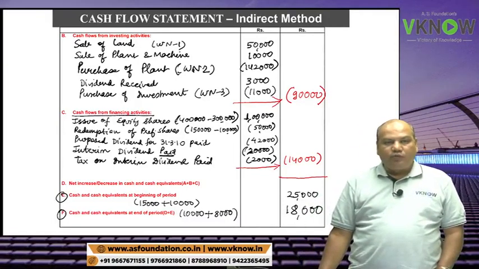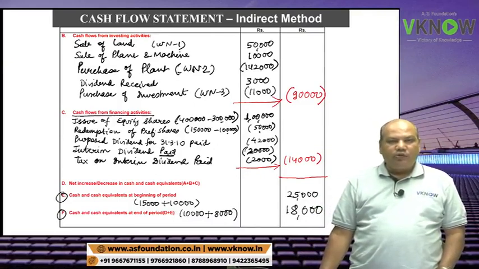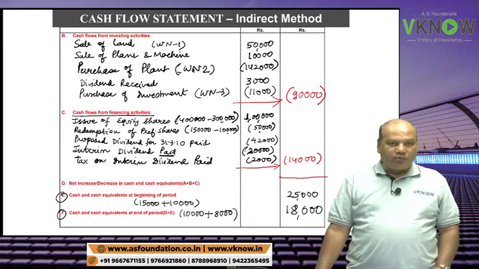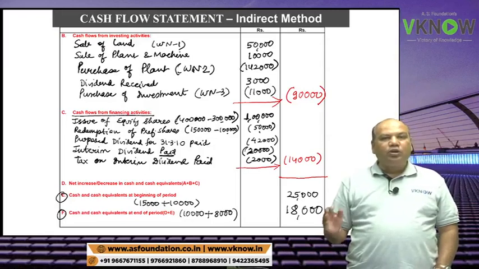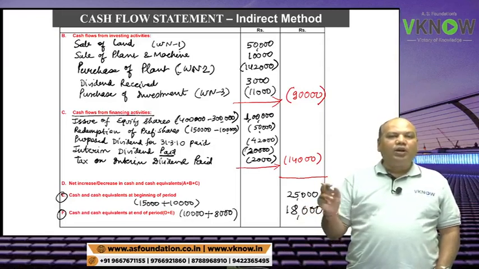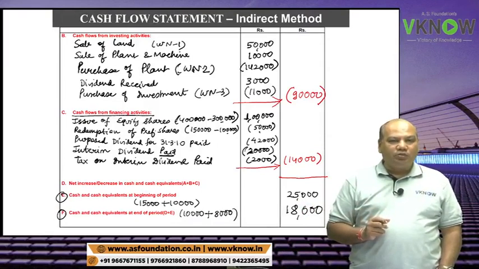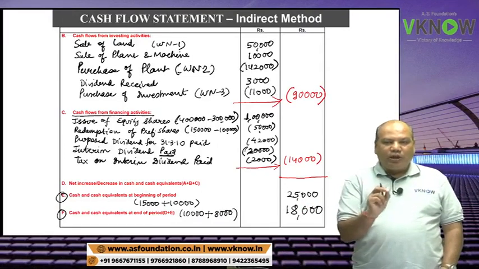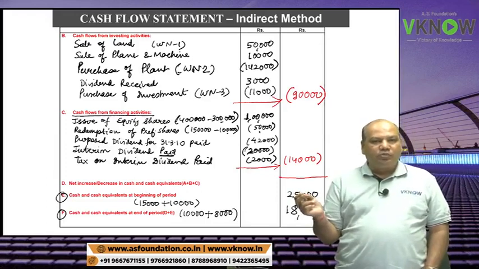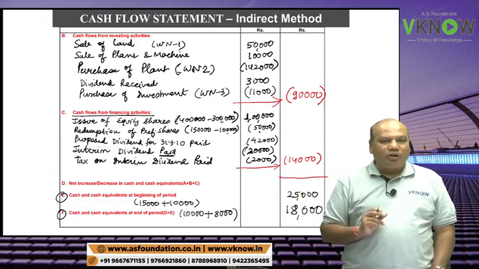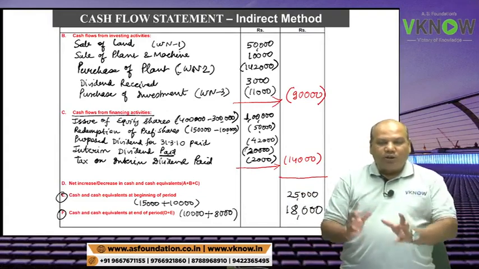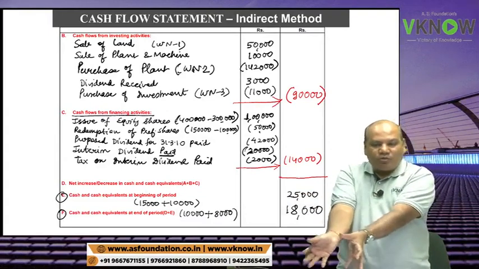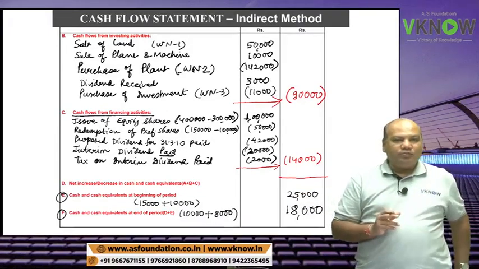Profit on sale of land is not credited to P&L account. It is credited to capital reserve account. When it is not credited to P&L account, why we will deduct it in P&L account? I have given you the journal entry also. Land to capital reserve. It was not credited to P&L account. So if something is not credited to P&L account, why will you remove it?